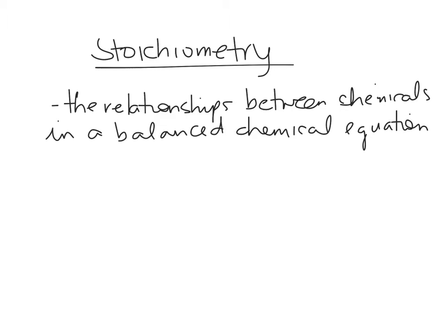So your stoichiometric relationship could be reactant to reactant, it could be reactant to product, it could be product to product. And we use mole ratios to set them up.